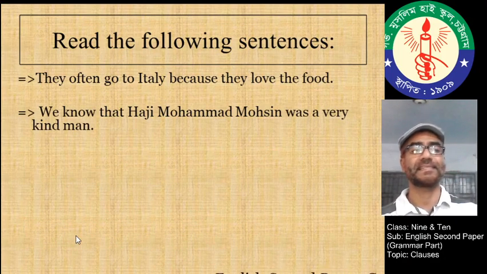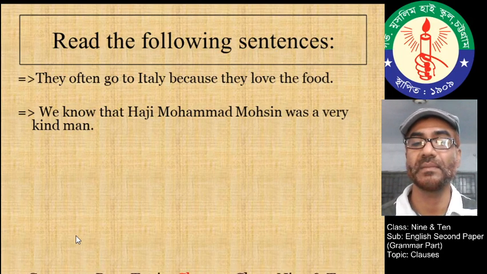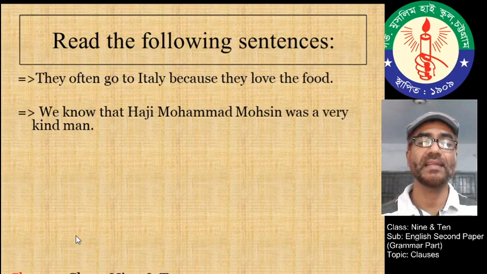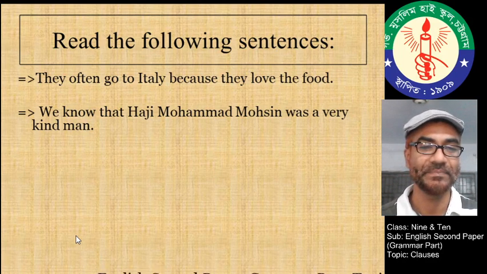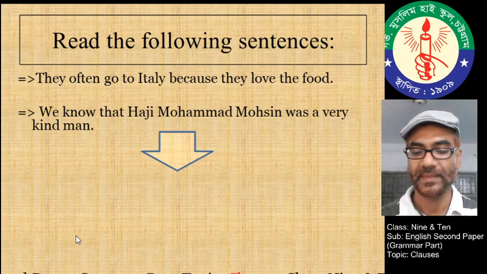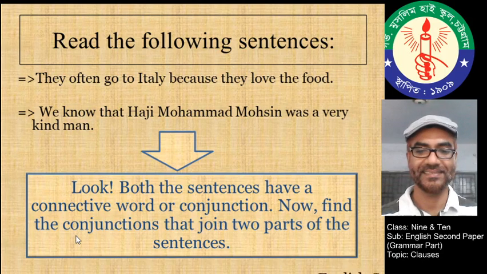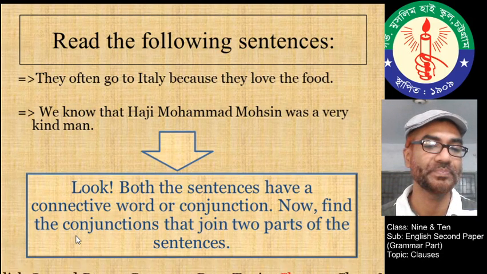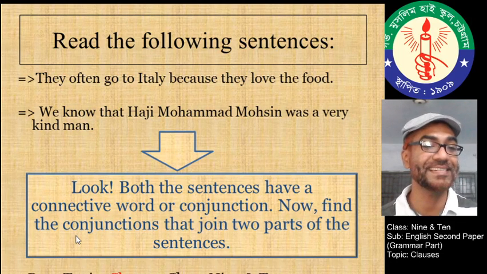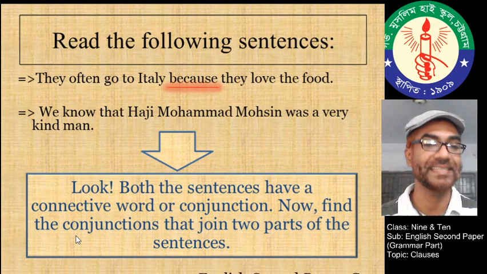Read the following sentences. Here are two sentences. They often go to Italy because they love the food. And the next one is, we know that Haji Muhammad Mohsin was a very kind man. Look, both sentences have a connective word or conjunction. Now find the conjunctions that join two parts of the sentences. In the first sentence, because is the conjunction.